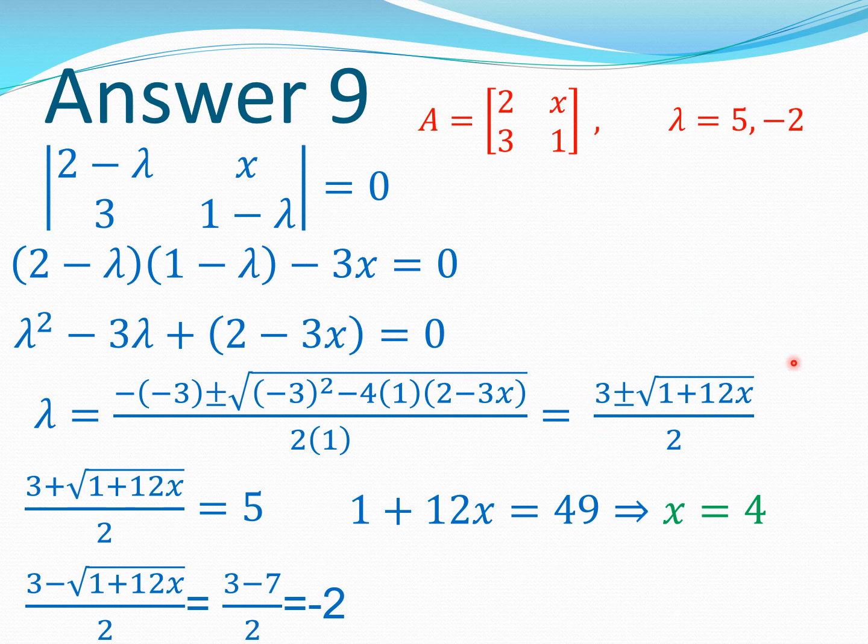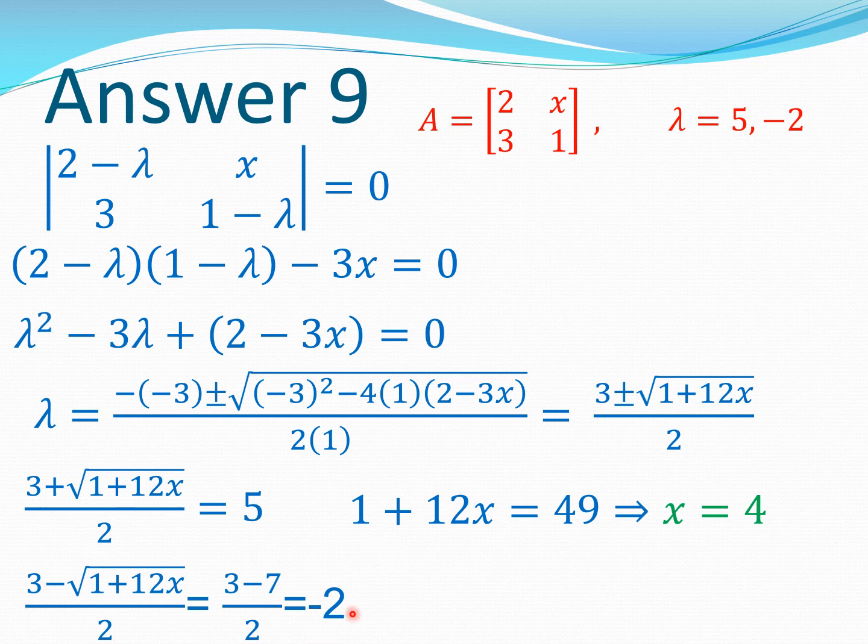Now looking carefully at this form, you will of course see that the positive root will correspond to 5, and the negative root is likely to correspond to -2. So let's check that out. Let's take the positive root, put it equal to 5. So if I simplify it further, I get 12x equals 49. I get x equal to 4. Now let's see if this satisfies the second part.